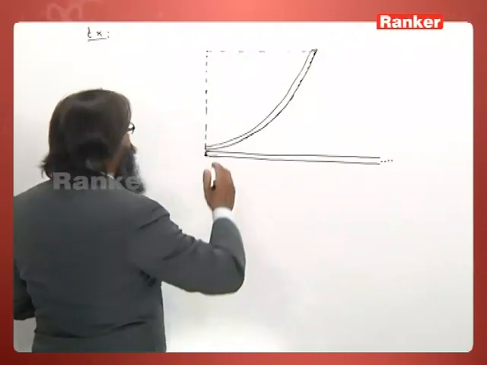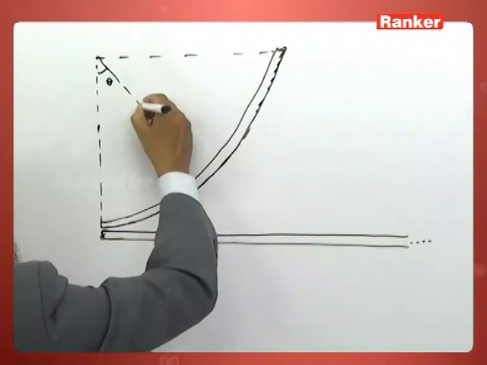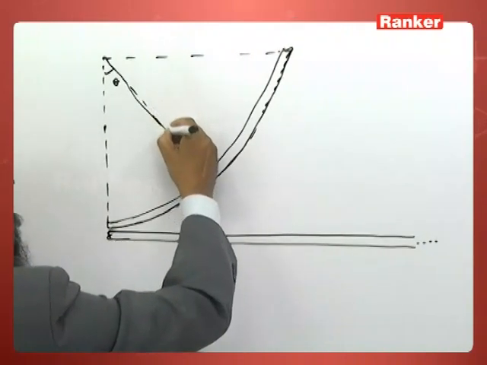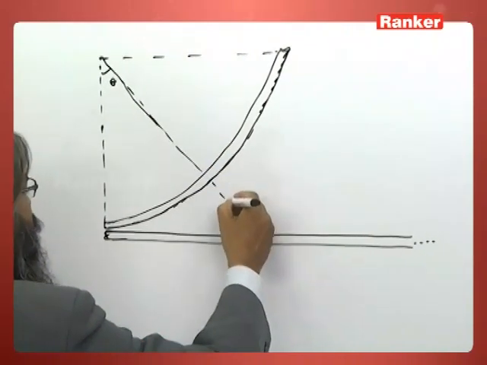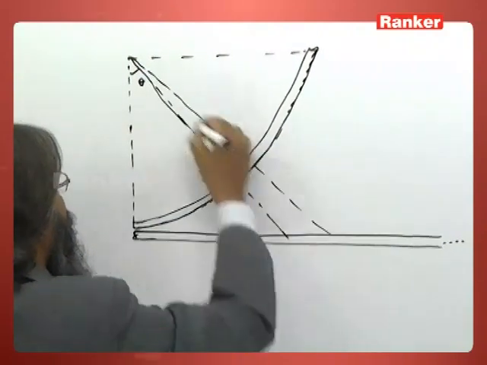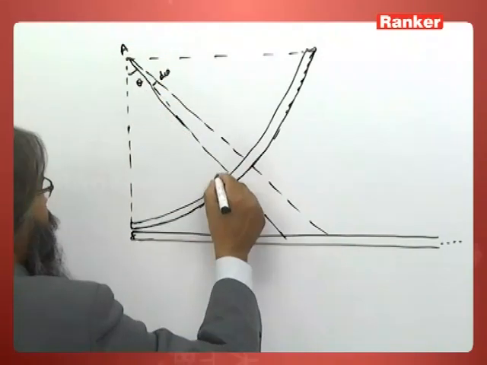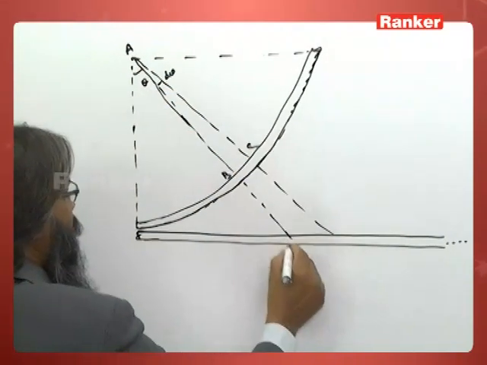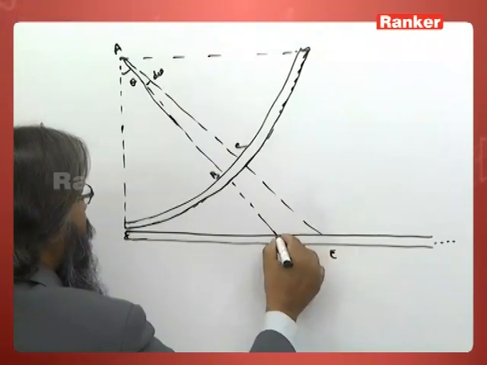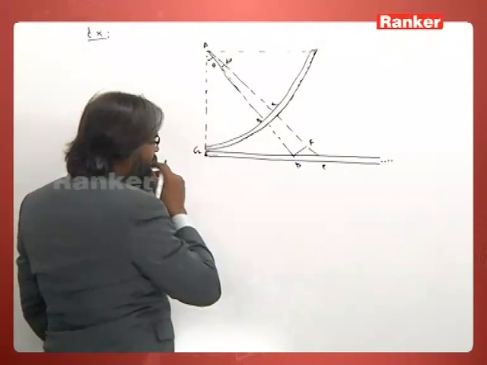So what we will do? We will consider from here an angle theta, so this is theta and this is the theta angle, suppose. So suppose this is A, this portion B, C, D, E. If I draw perpendicular F, then G.